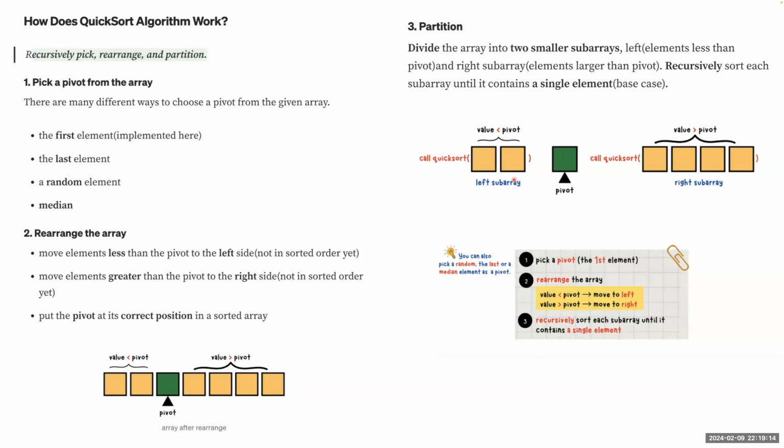When the partition is done, the pivot is sorted. So we will recursively sort the left sub-array and right sub-array until a single element is left. This is our base case.